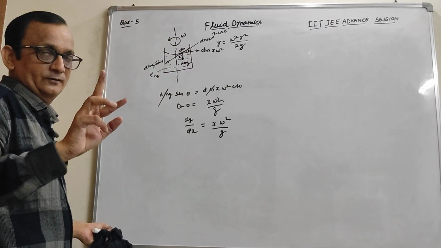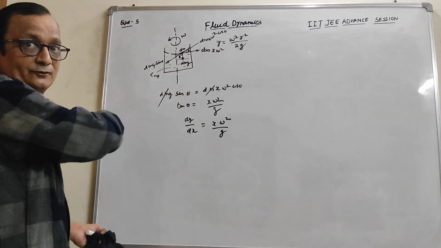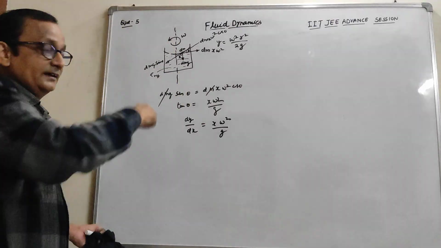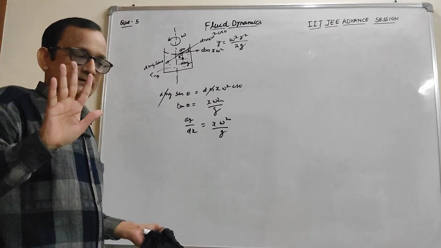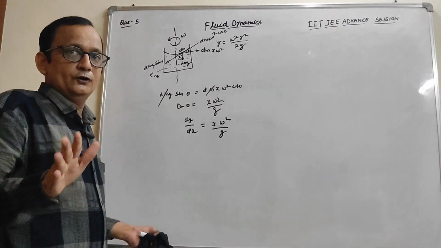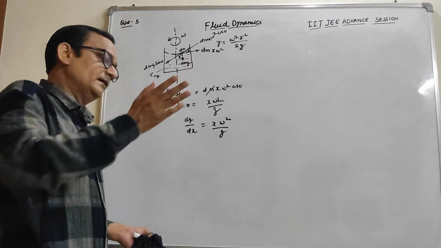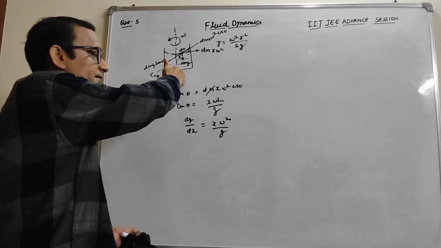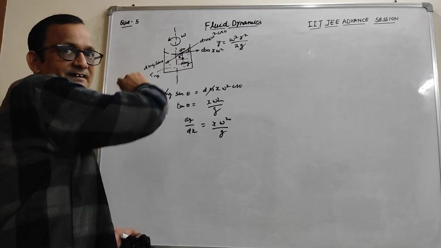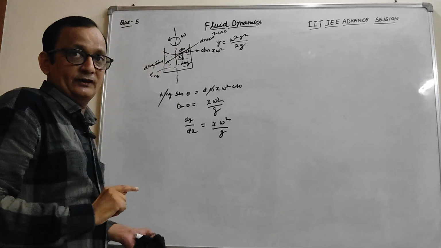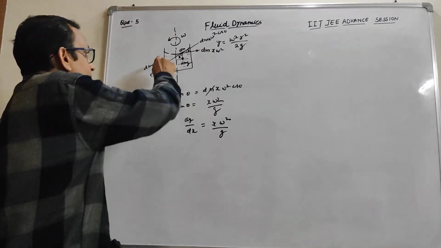Vertically, pressure is just like a liquid at rest. Here the liquid is rotating, so we see the same phenomenon, but the difference is that in a stationary liquid the pressure difference is constant.